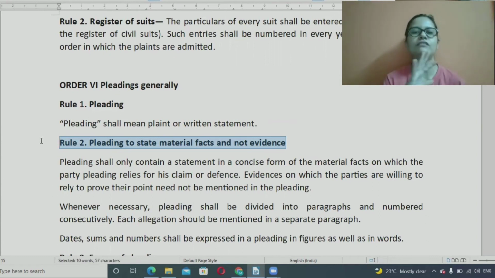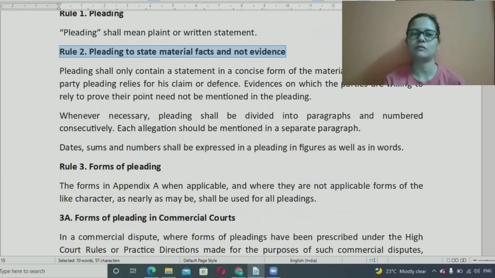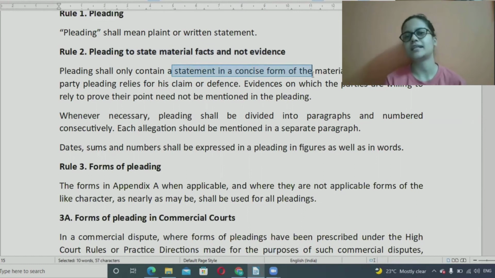Simply, in a very detailed way, we need to explain the story of what happened, what are the material facts, whatever is relevant for the court to know, that we will mention. So pleading shall only contain a statement in a concise form of the material facts on which the party's pleading relies.